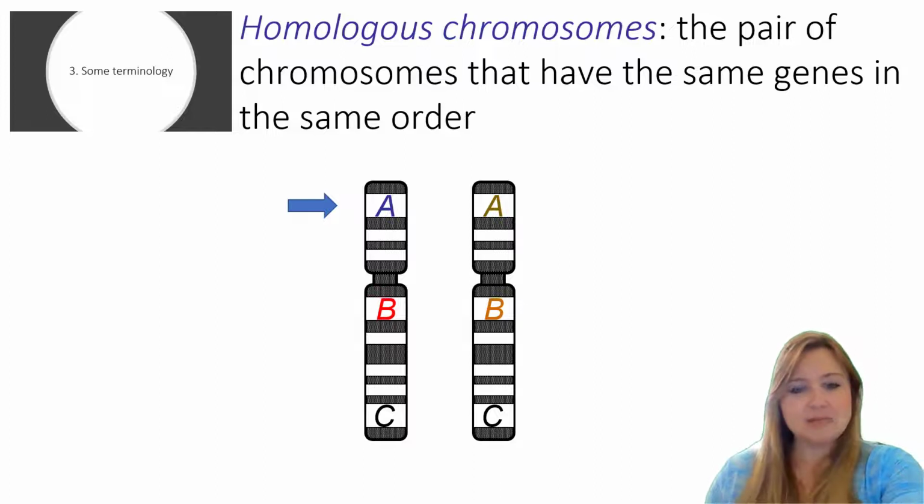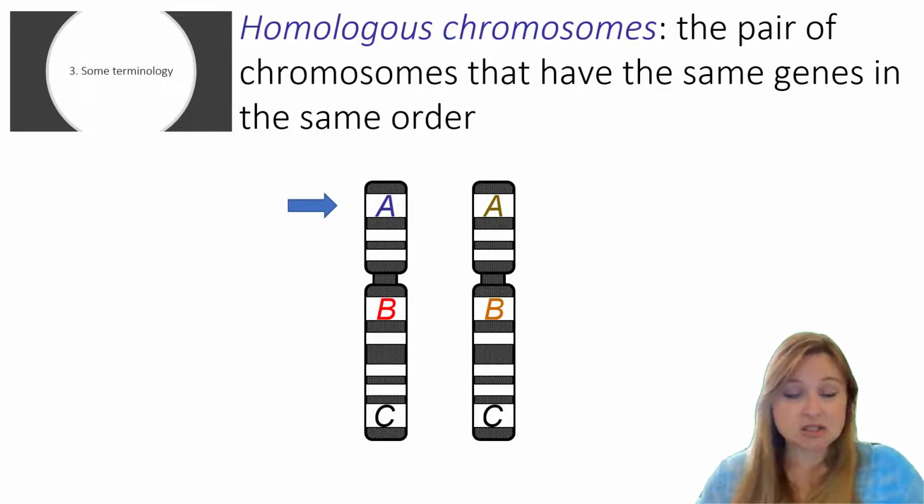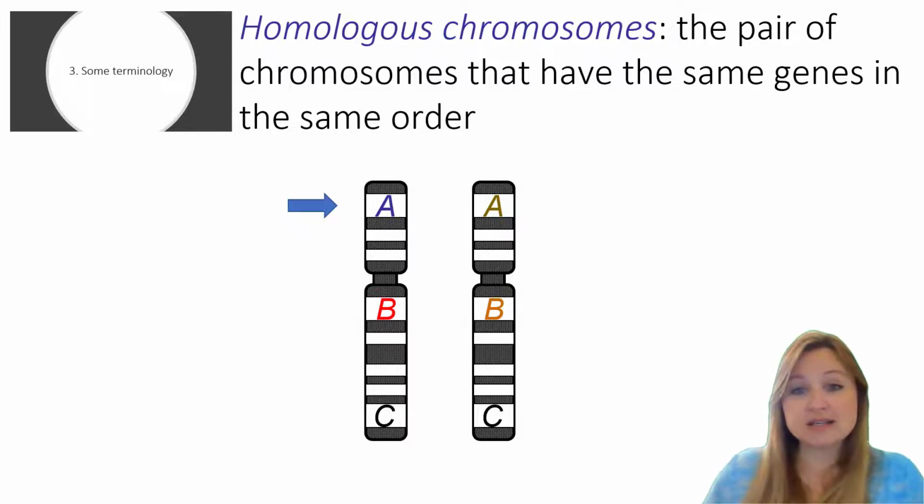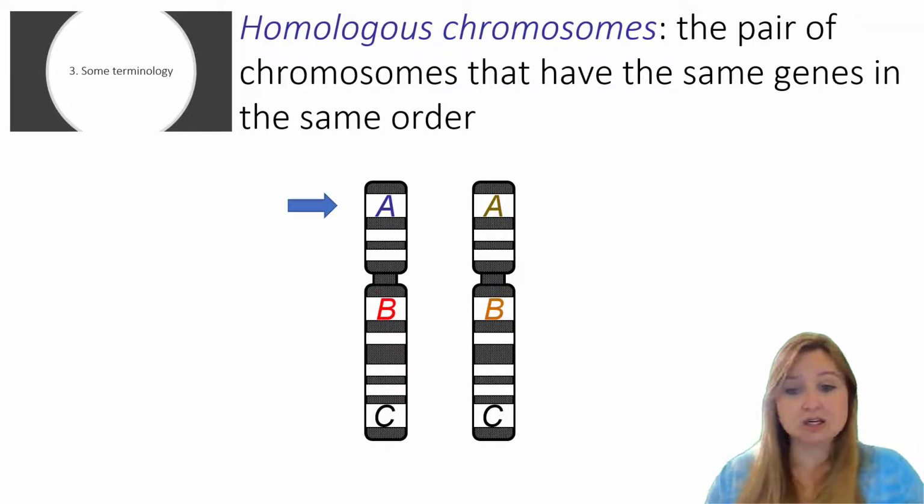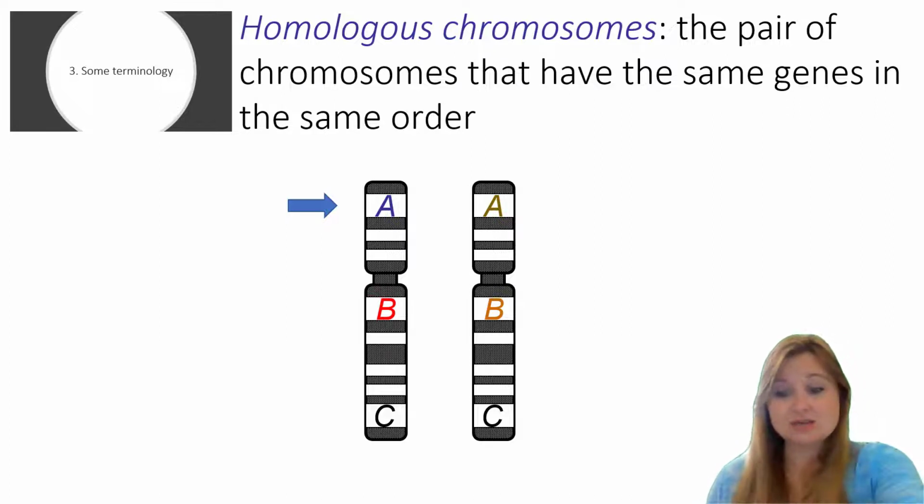Maybe this gene encodes eye color, and dad passed along the version for blue eyes, and mom passed along the version for brown eyes. So it's the same gene. Gene A is the gene that's going to encode eye color. But the version that gets passed along is not necessarily always the same because we have different eye colors out there, right? So the different versions might not be the same on both chromosomes.